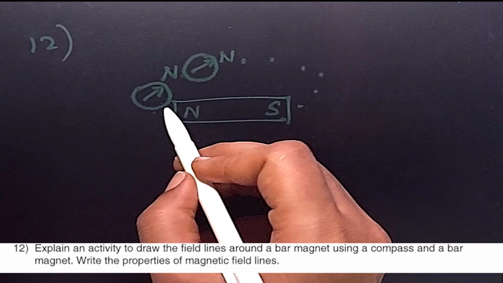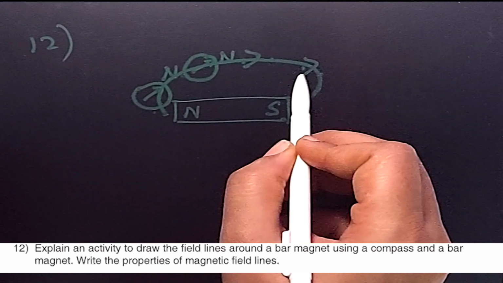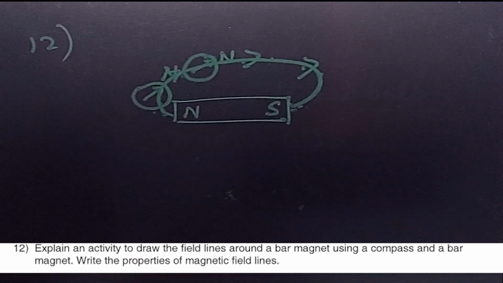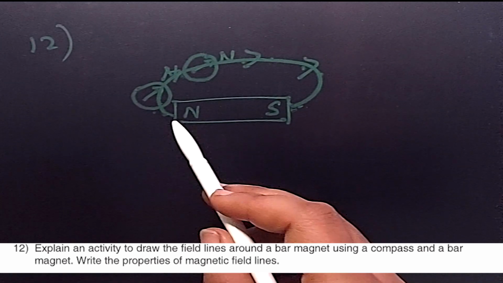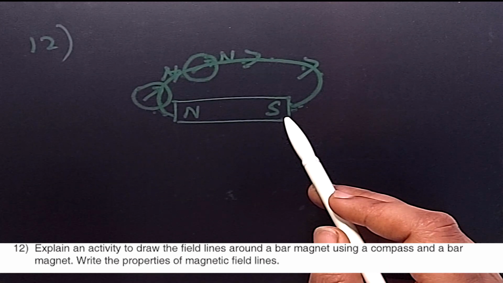You observe that on joining these points, the magnetic field lines are emerging from north pole and they merge near south pole outside the magnet. So this is how we draw the magnetic field lines around a bar magnet using a compass.